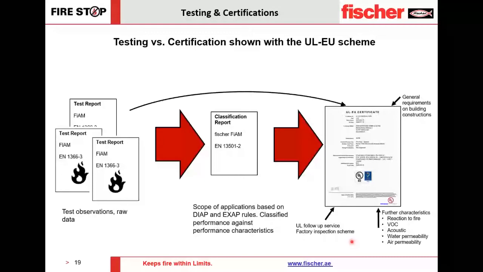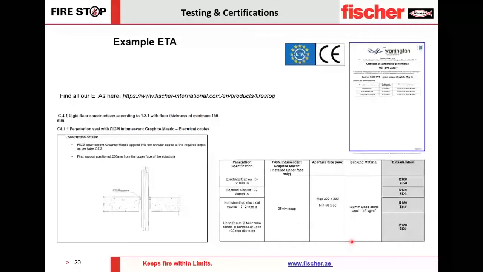Besides the UL EU certificate of certification, that will be the European CE mark together with ETA assessments. These are official documents issued by a notified body accepted under the European construction law, and an ETA assessment itself is not publicly listed by a third party, but it may be listed publicly by the manufacturer.